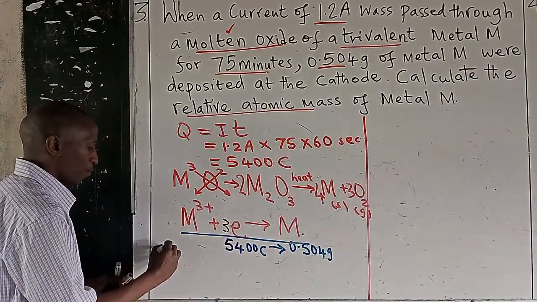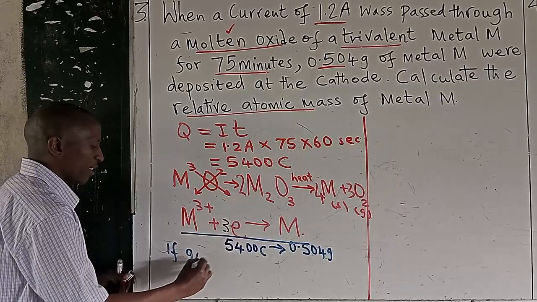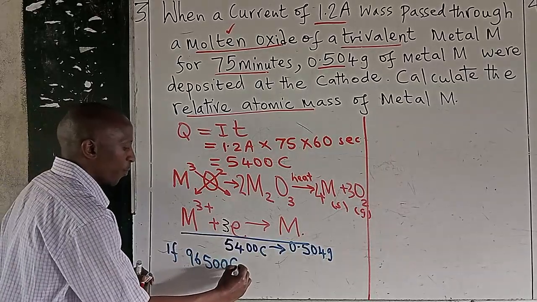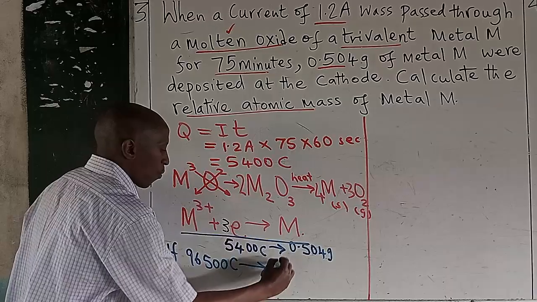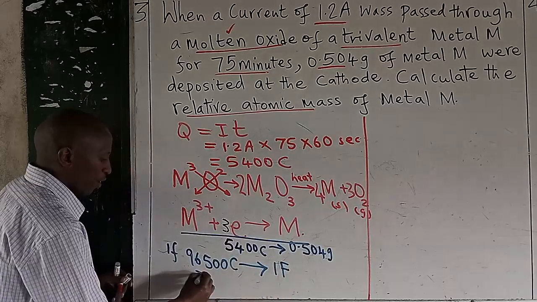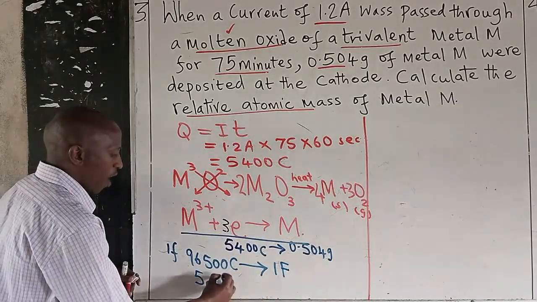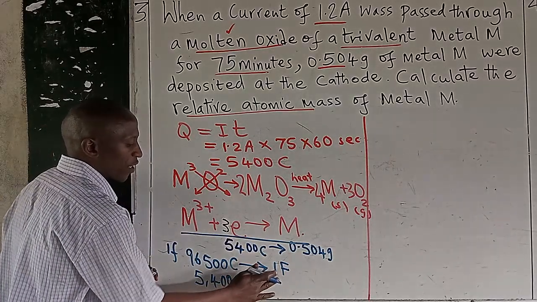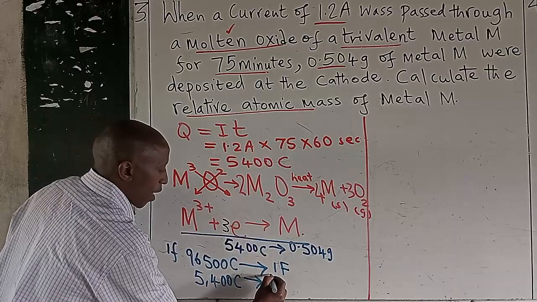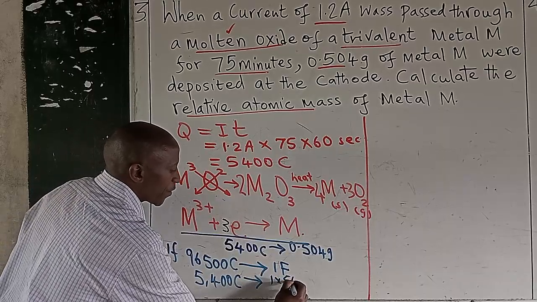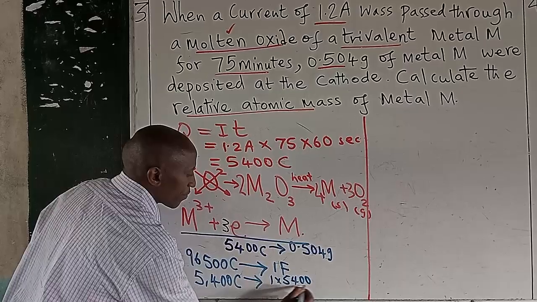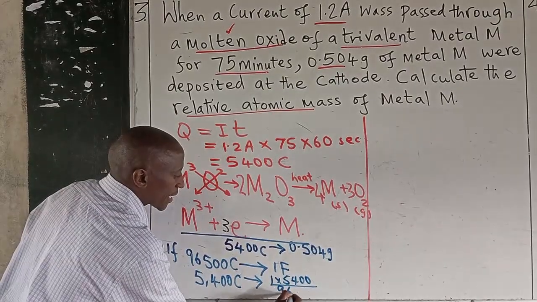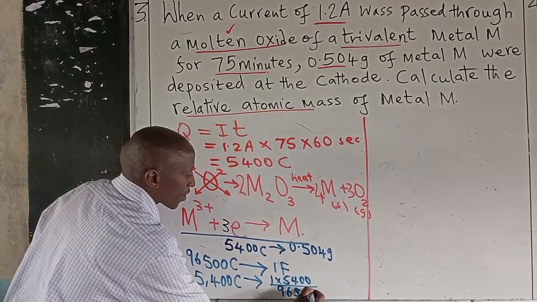So if 96,500 coulombs are equivalent to 1 Faraday, what about 5,400 coulombs, equivalent to how many Faradays? That will give us the calculation 1 times 5,400 divided by 96,500.